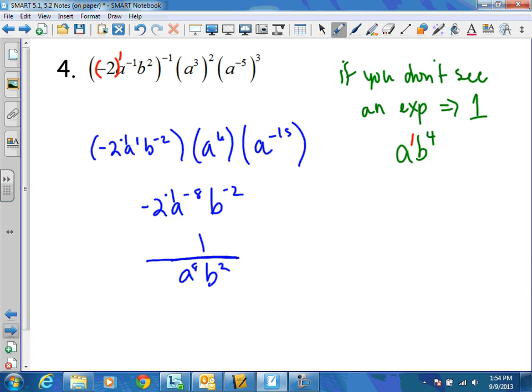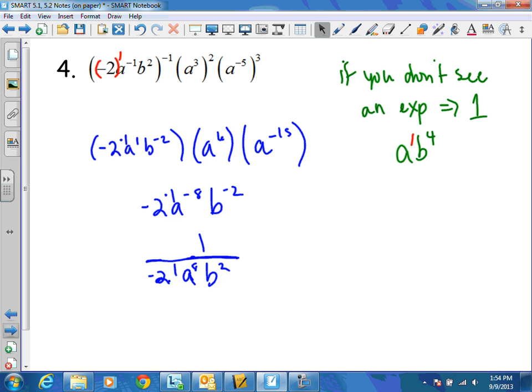Negative 2. Do you just write the exponents? Then you put it to the bottom, so they're going to be positive or negative. There you go. I thought a 1 stayed on top.